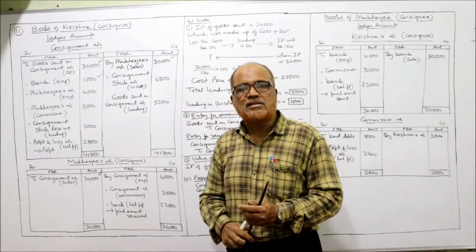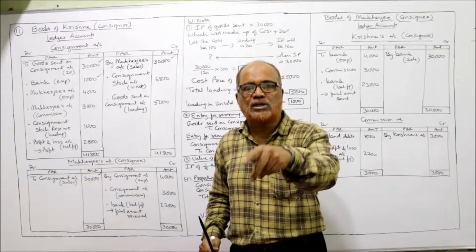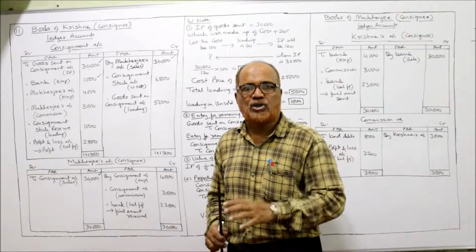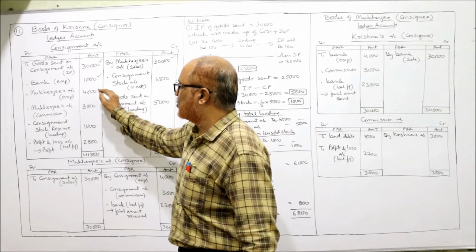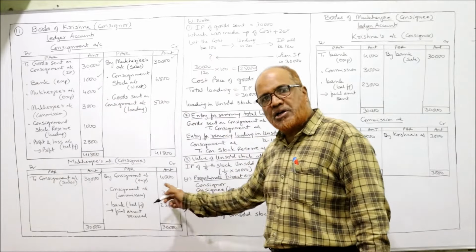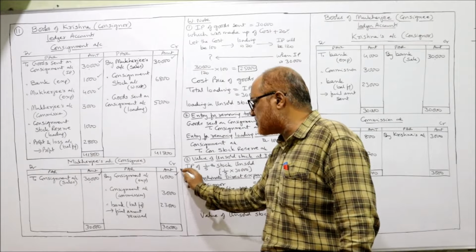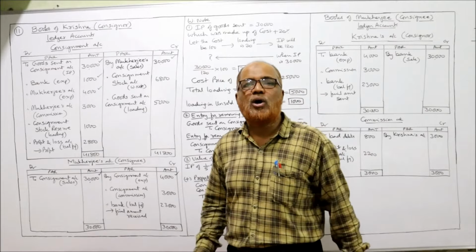Now expenses. Total expenses paid by Mukherjee is 4,000, given in the problem. Entry will be consignment account debit to Mukherjee. So consignment account is debited to Mukherjee, expenses 4,000, and Mukherjee account credited by consignment 4,000 expenses. Next comes commission. 10% is the commission on sales.